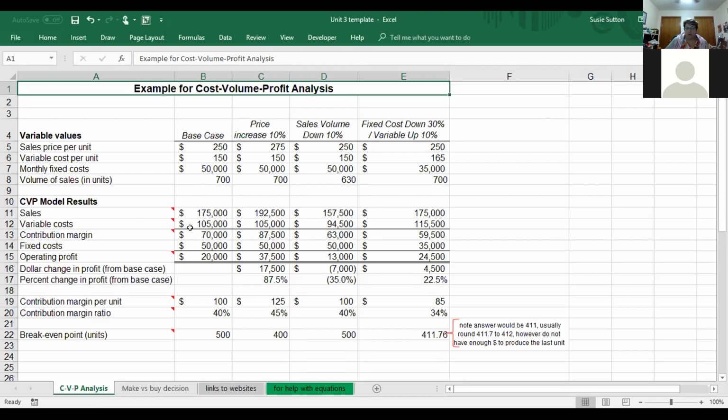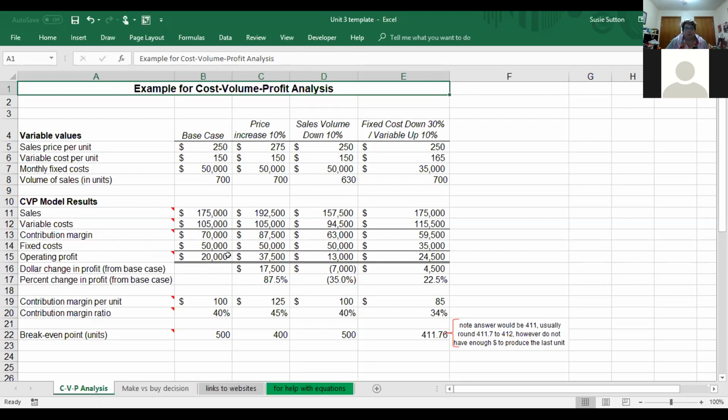If you recall in your text, your contribution margin is your sales dollars less your variable costs. So we have a contribution margin of $70,000. Then from that, if you take out your fixed costs, which we were told were $50,000, that leaves us with the operating profit, which is contribution margin less your fixed costs.